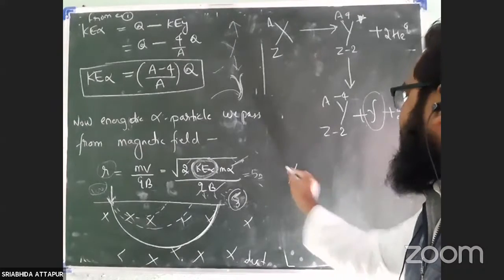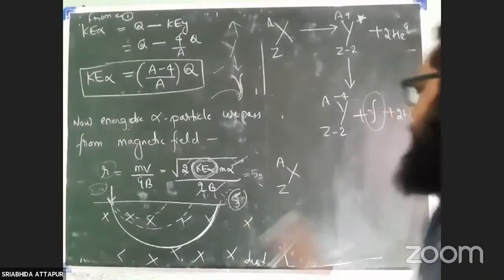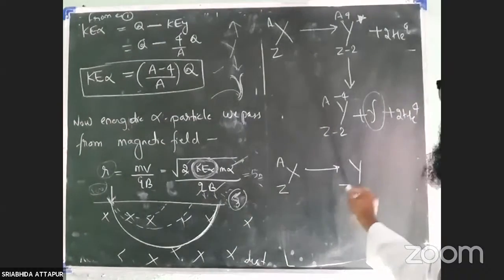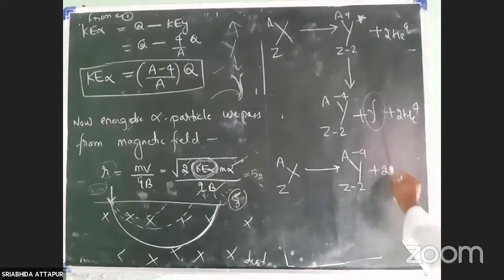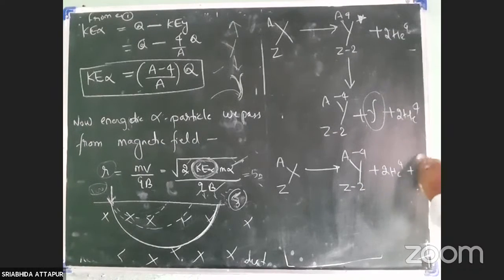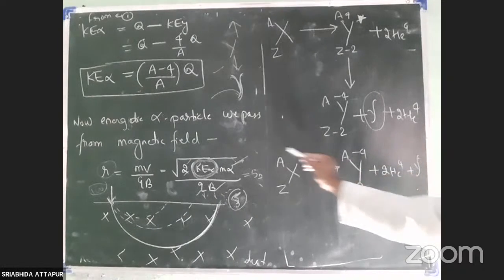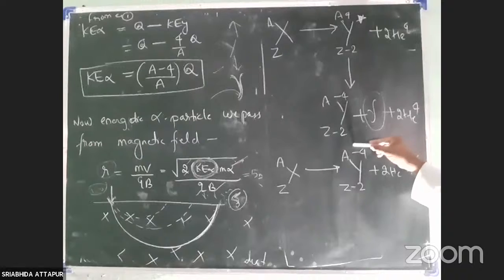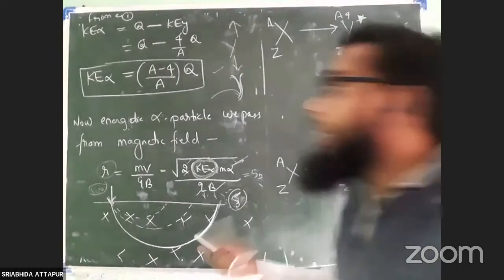If I write the exact equation, only 2 minutes, please don't leave: X goes to Y with Z minus 2 and A minus 4, plus 2He4, plus gamma. It means the total energy should go to Y and He, but now some other energy is going in the form of a gamma photon. Therefore, the resultant kinetic energy will decrease.